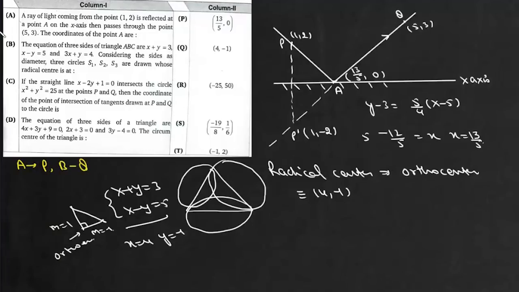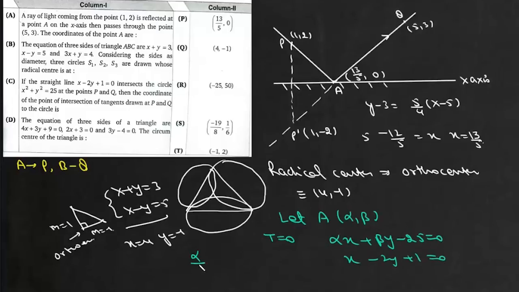Now we have this third question. If the straight line intersects the circle at points P and Q, then coordinate of point of intersection of tangents drawn at P and Q to the circle is. So let this point of intersection be A and let it be (alpha, beta). Now if this is the point of intersection, then equation of chord PQ is given by T equals 0. So this equation will be alpha x plus beta y minus 25 equals 0, and this equation will be same as x minus 2y plus 1 equals 0.